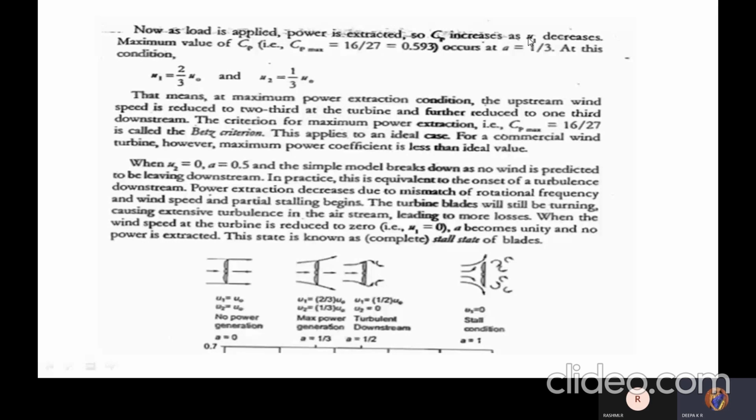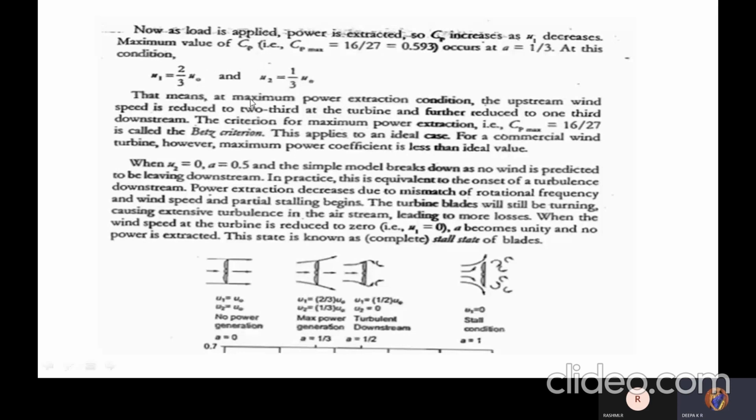The standard value of CP is 16/27, which you can remember as 0.593, and it occurs at A equal to 1/3, with U1 equal to 2/3 U naught at the mid portion and U2 equal to 1/3 U naught at the downstream portion.